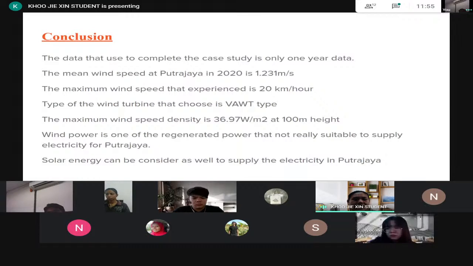So the location is not suitable for us to build a wind turbine because the electricity used in Putrajaya is quite high, as there are many buildings, like government buildings, over there. Plus the wind turbine has one limitation, which is that it will be noisy.